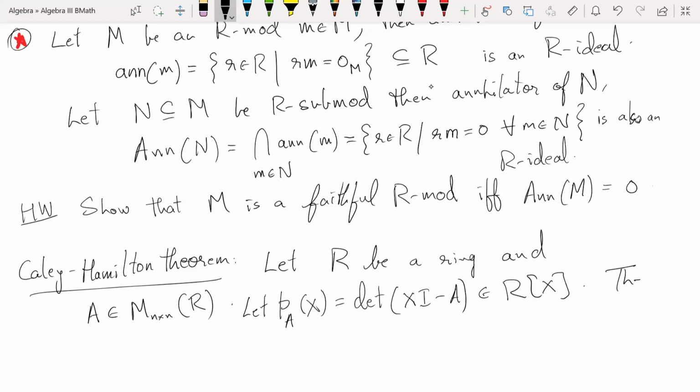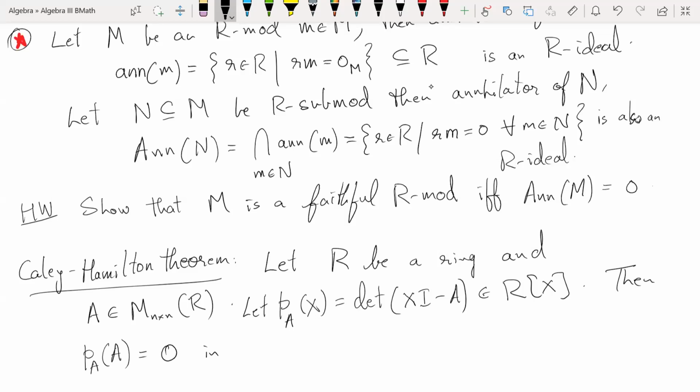So let P(X) be the determinant. Then the statement says that P_A evaluated at A is 0 in, so A is an n cross n matrix, so it's an endomorphism of R^n.